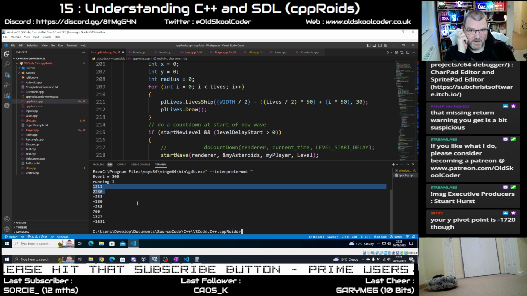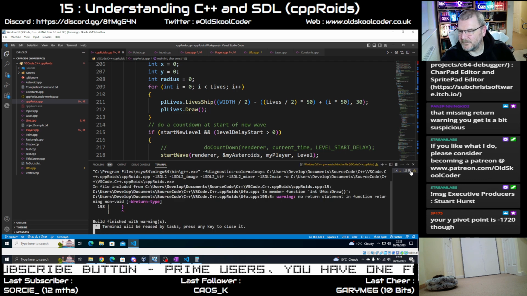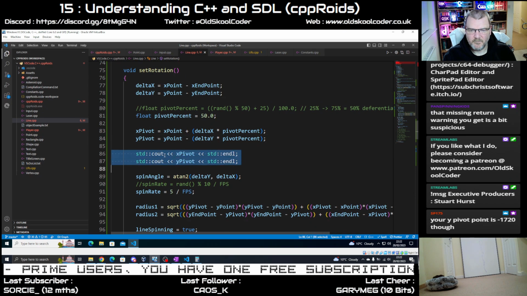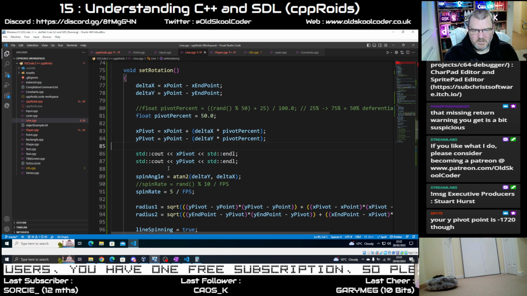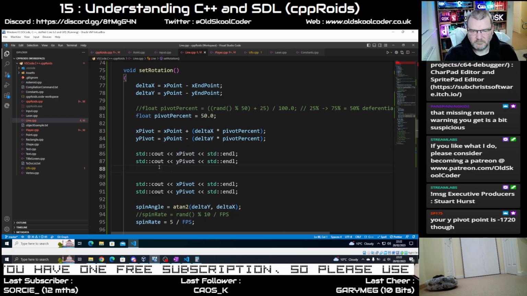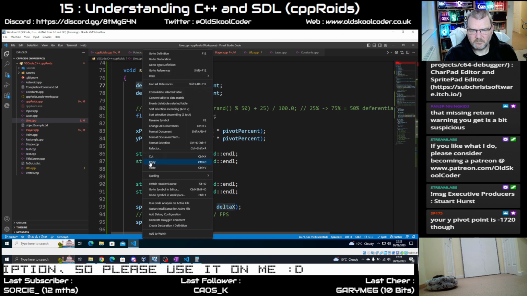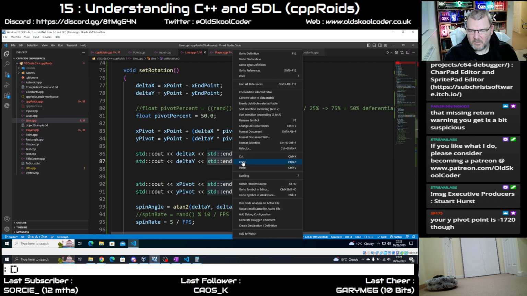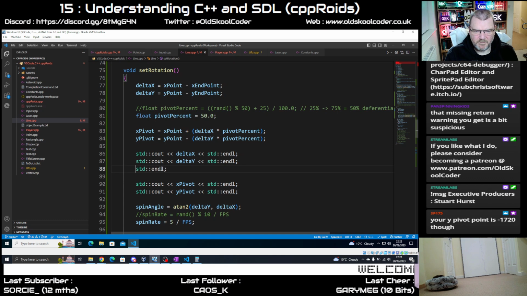That still doesn't look right. Right, let's add a bit more debugging in here. So, if I do that, will it just give me a gap, yeah?